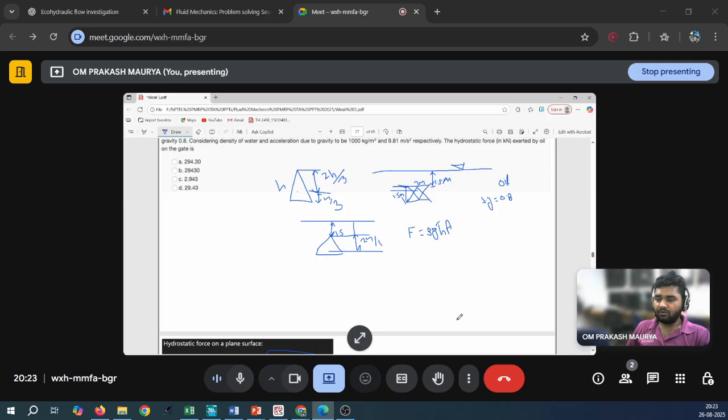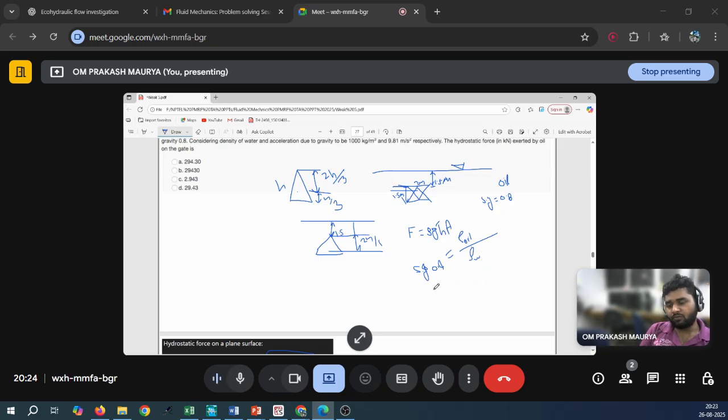For a student who does not know the specific gravity, how will you calculate the density? So what is specific gravity? If specific gravity is given for oil, then rho of oil, that is the density of oil, divided by the density of a standard fluid. Here the standard fluid we are considering, actually in fluid mechanics, is water, in most of the questions we can consider.